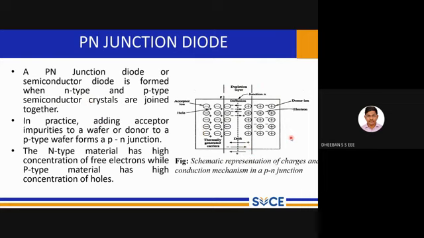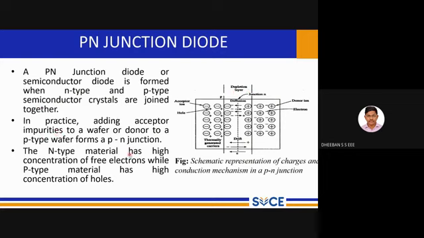I hope you have studied in the previous classes itself, but I'll be just recalling it. Adding acceptor impurities to a wafer or donor to a P-type wafer. So how it is formed, to have a simple idea, you're just taking a P-type material, you're just taking an N-type material and you're fusing them together. That's it.